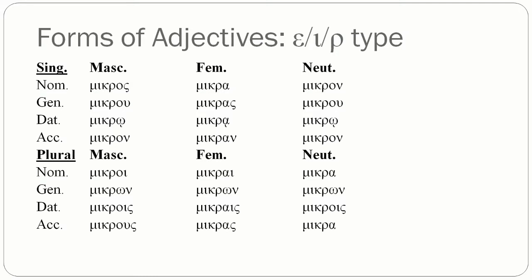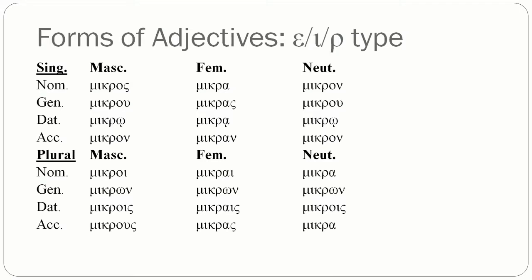You look at the last letter of that adjective stem, and that will tell you what type of adjective this is. And this one happens to be in this epsilon iota rho type because if you take the ending off of the nominative singular, you will see that the final letter of the stem is a rho. And so therefore it falls into this category.